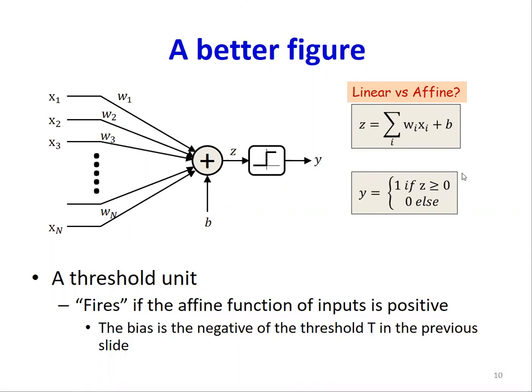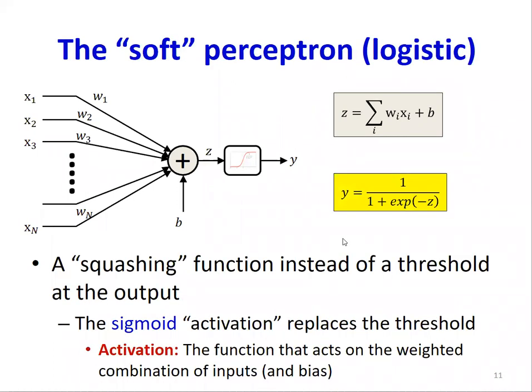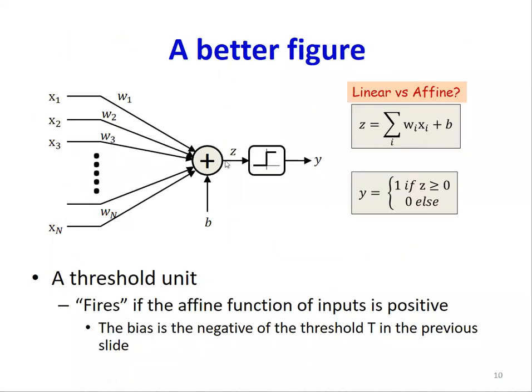If this affine function of the inputs is non-negative, the neuron fires, otherwise the output is 0. That's like saying I'm putting this affine function of the inputs through a threshold function, where the threshold function outputs a 1 if the input is non-negative and 0 otherwise.